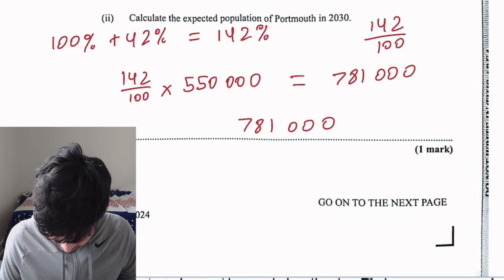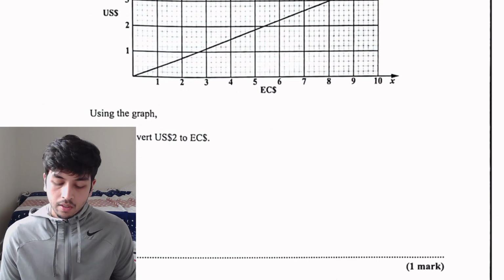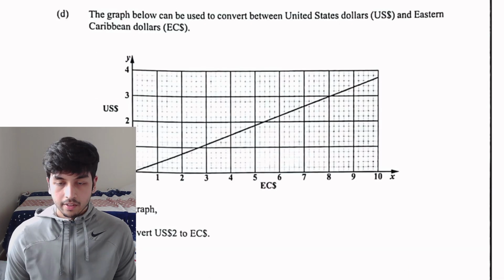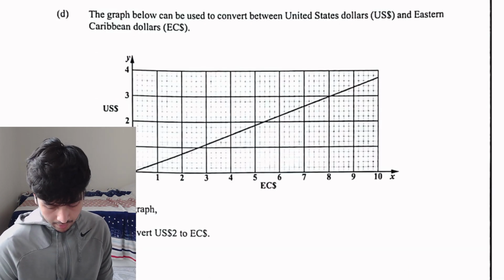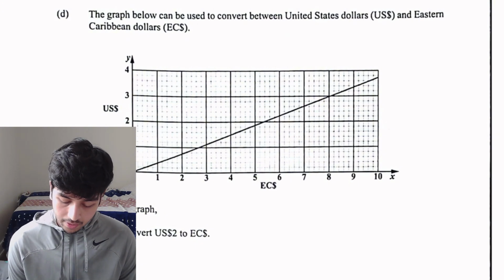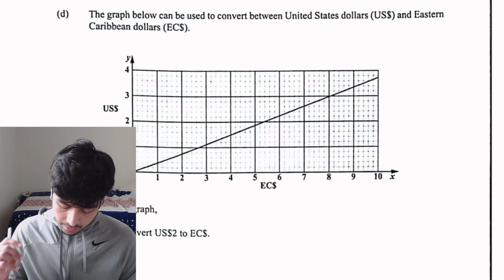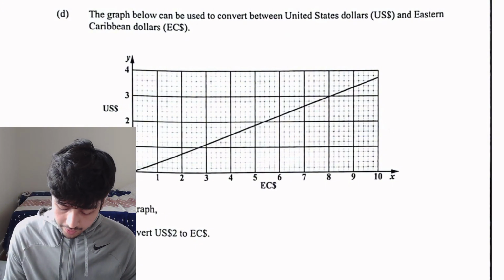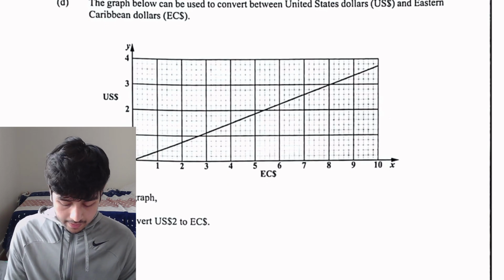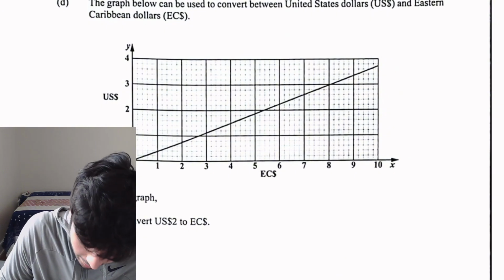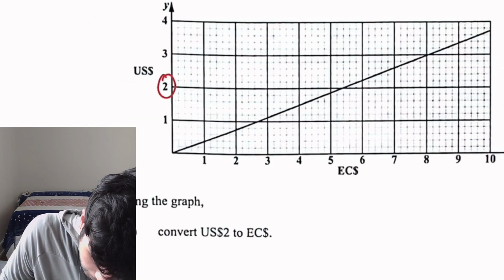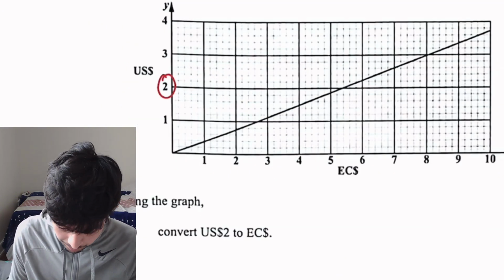So for the next question now, for part D, they're saying the graph below can be used to convert between United States dollars, US, and Eastern Caribbean dollars, EC. So firstly, they ask, using the graph, convert $2 US to EC. First of all, we're going to look at our graph and identify the point at which there's $2 US.